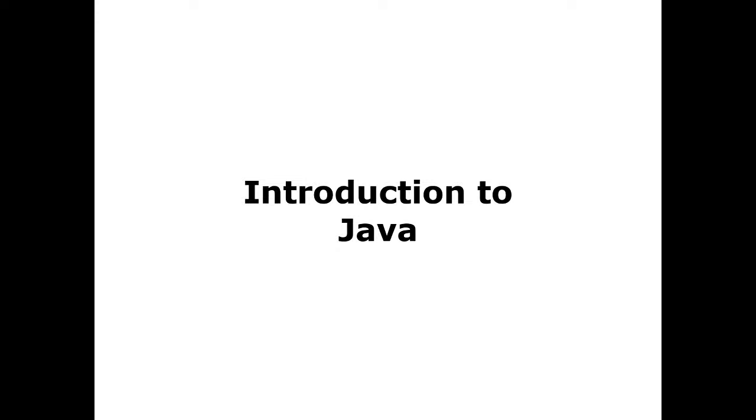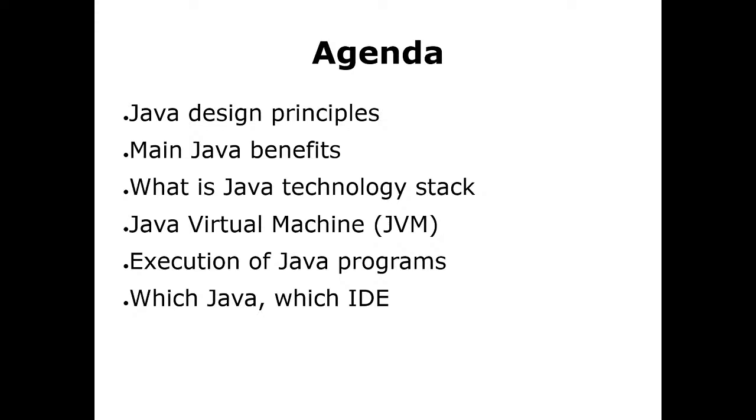Okay, so yes, today we'll also discuss, we'll have a good introduction, not short, not long, but a fine introduction to Java. We'll discuss some basic design principles of Java, the main benefits of Java as a programming language, and also the Java technology stack: how Java works, how it's built, how it is configured.